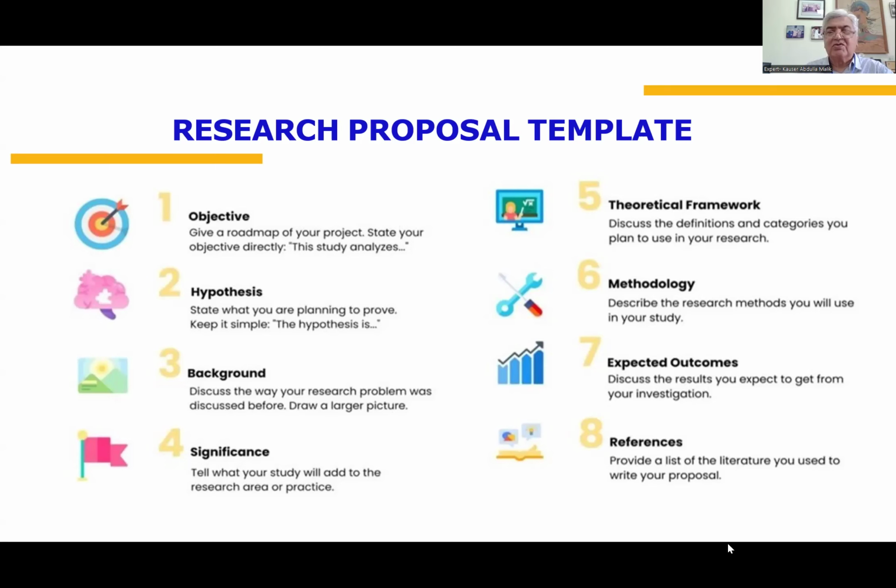Now, this is generally the research proposal template. It might vary with different funding agencies, but overall, this is the template of a good research proposal. Number one is obviously its objectives: what is the objective of your study, and you have to give a roadmap, saying that this could analyze or study or estimate something.